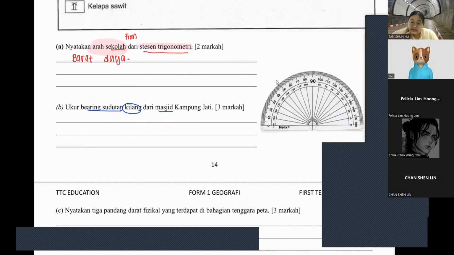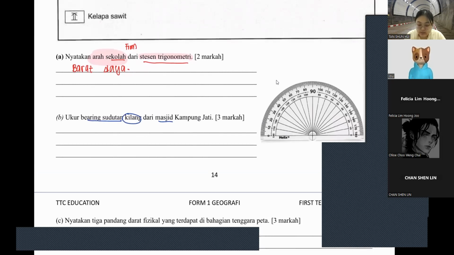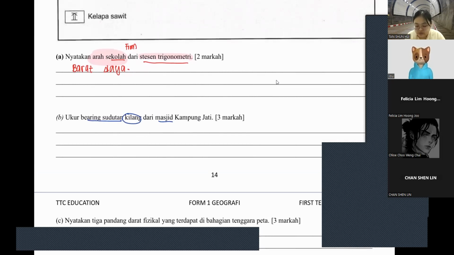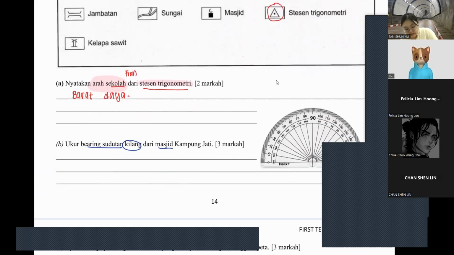We call it jangka sudut. So for the exam you must bring a jangka sudut for geography. If you don't have one, you might need to buy it. Just a recap, we are using numbers to tell you about the directions.